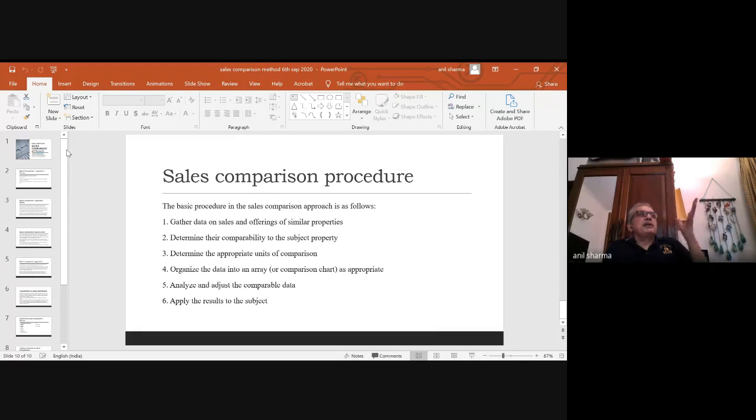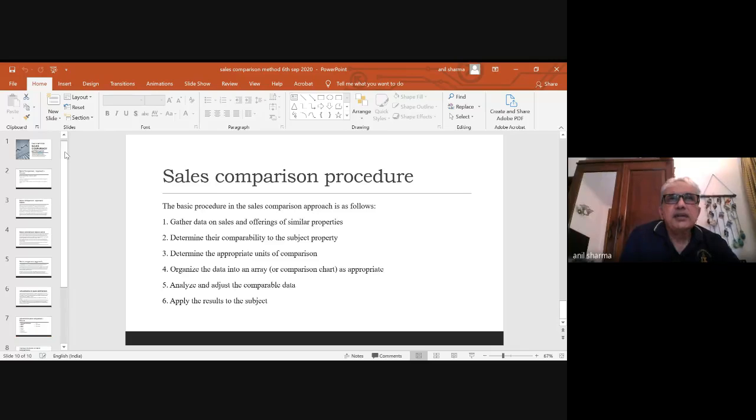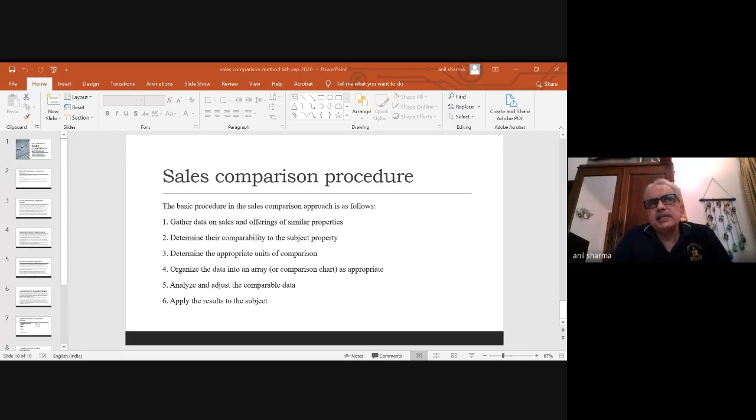Suppose they have the same type of technology, the same power load factors, the same age, and so on. Then you may consider sales comparison. Otherwise, you will avoid doing a sales comparison between groups of assets, or process plants and large plants, right? So this is a very short presentation of the sales comparison method.